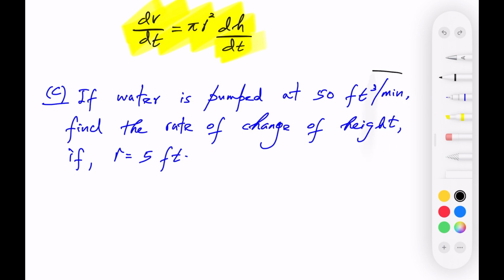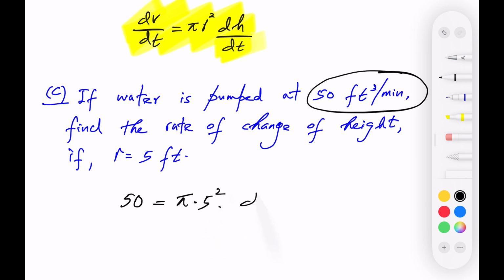What is this 50 given right here? That is the rate where the water is pumped, which means that 50 should be dv by dt. That's given in cubic feet per minute. Then we have pi r squared. R is given as 5 feet. So that should be times 5 squared, that times dh by dt.